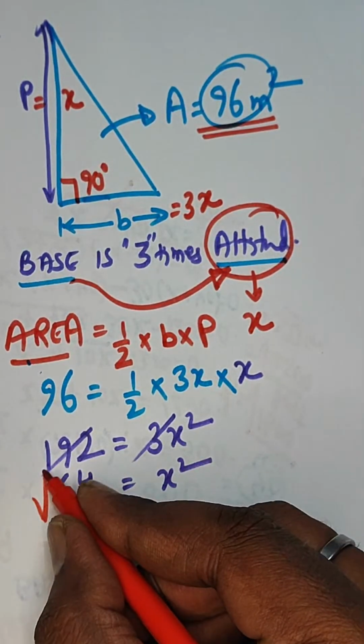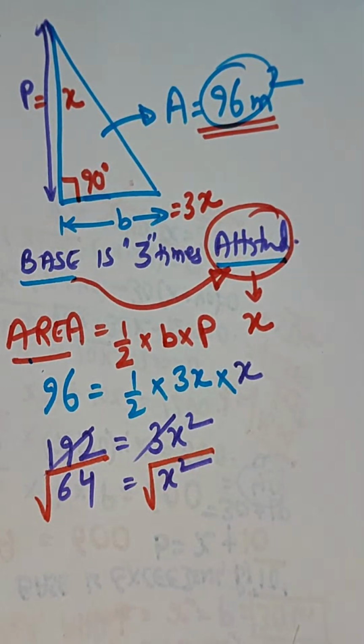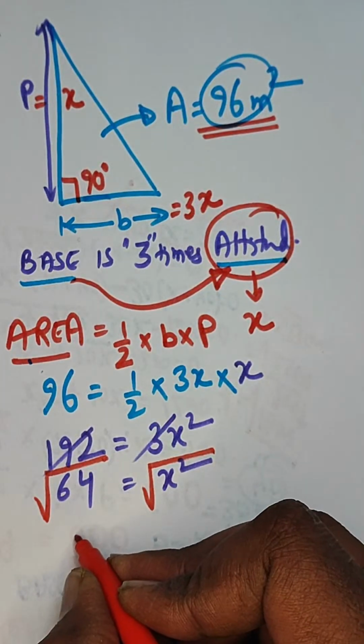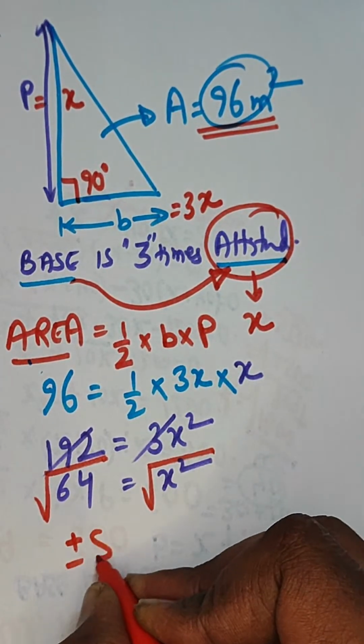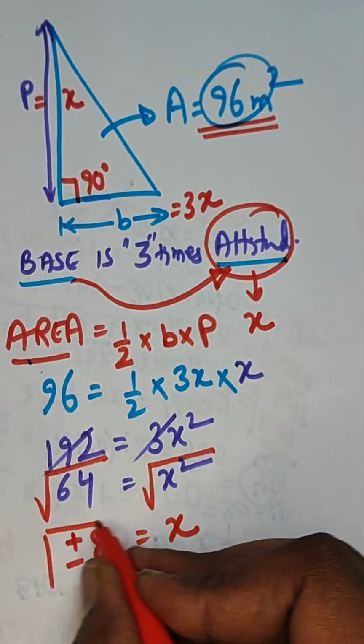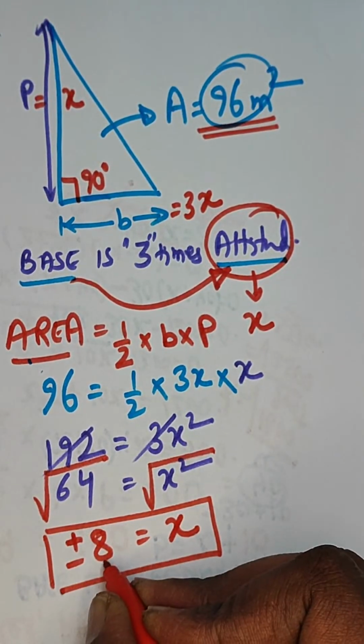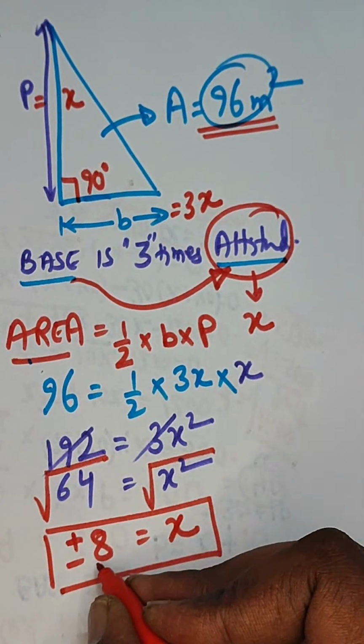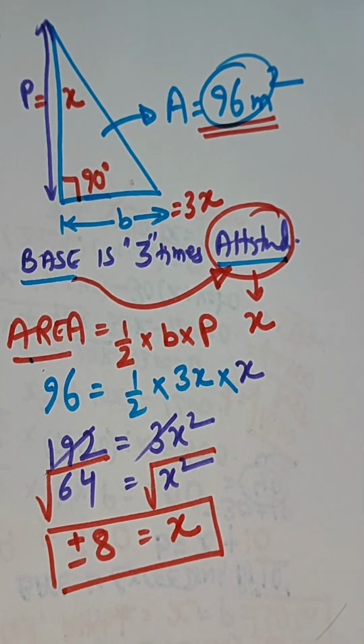Now just apply the square root on both sides of the equation, my dear friends, and here we'll get the value of plus and minus 8 for x, because the square of minus 8 is 64, and the square of plus 8 is also 64.